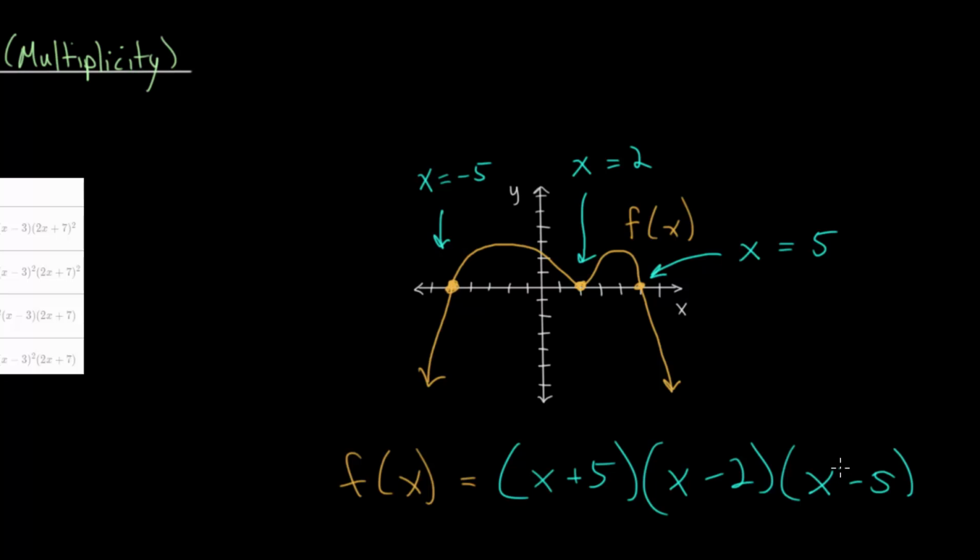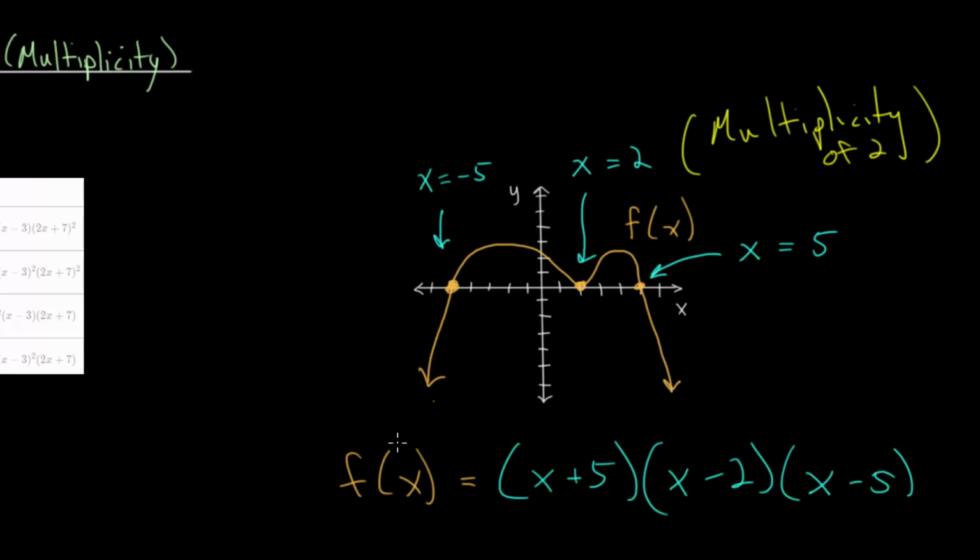Now, this equation is not complete because we're not taking into account the multiplicity of this 0. So we would say when x is equal to 2 for this particular 0, that it has a multiplicity of 2. And essentially what that means is that this is a double 0. And effectively, it's the solution to this polynomial equation twice.